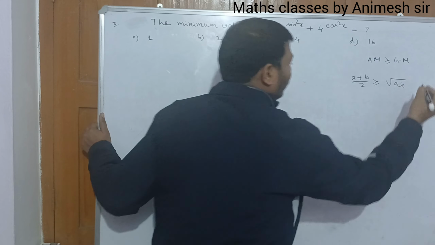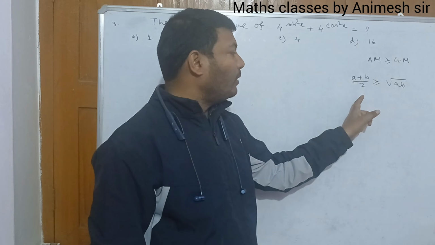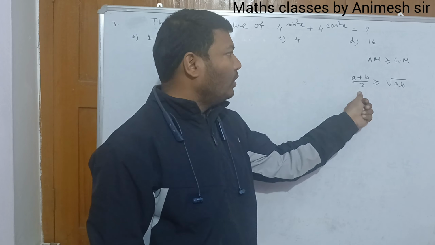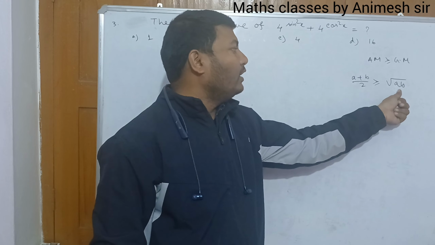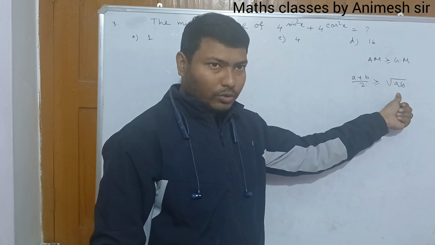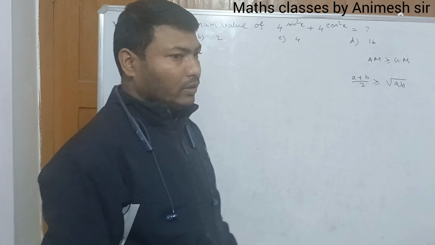So if two numbers A and B are there, then the arithmetic mean of A and B, A plus B by 2, is greater than or equal to their geometric mean, that is A into B whole to the power half, that is root under AB. Here we are going to use the same condition.